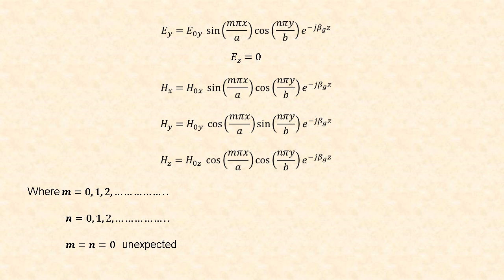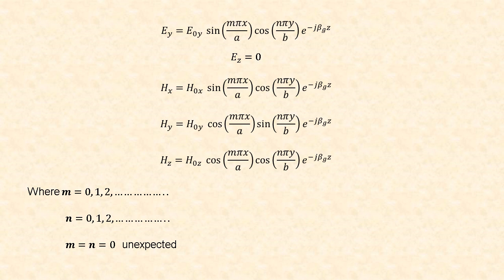Next, Hx, that is the magnetic field intensity in the x direction, is equal to H0x sin(mπx/a) cos(nπy/b) e^(-jβg z). Similarly, Hy, which is the magnetic field intensity in the y direction, is equal to H0y cos(mπx/a) sin(nπy/b) e^(-jβg z).